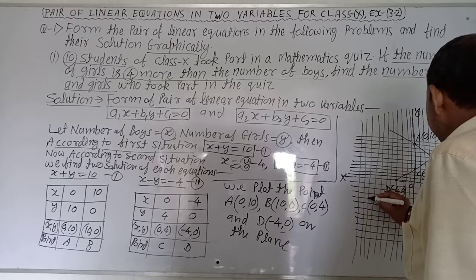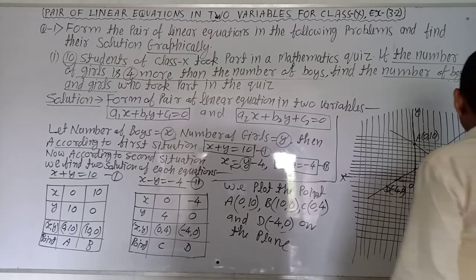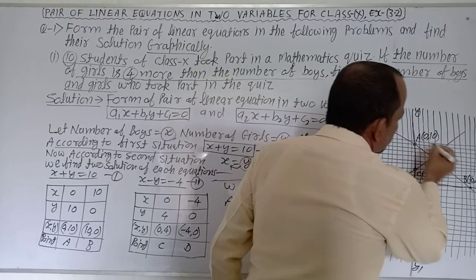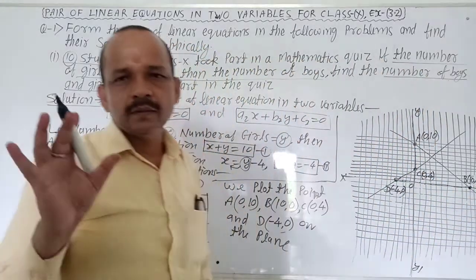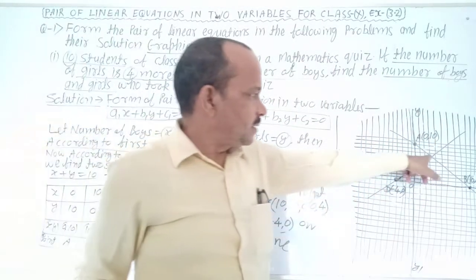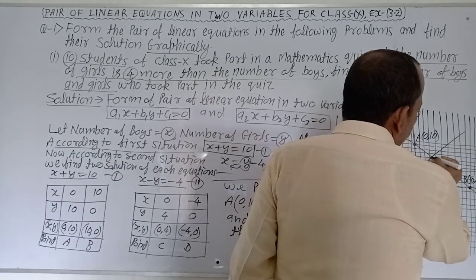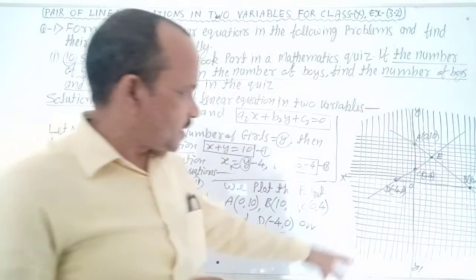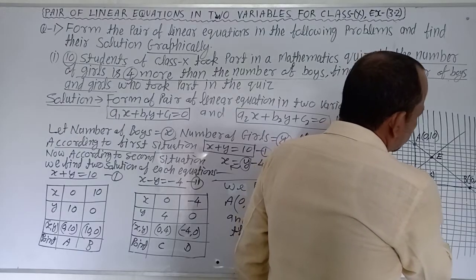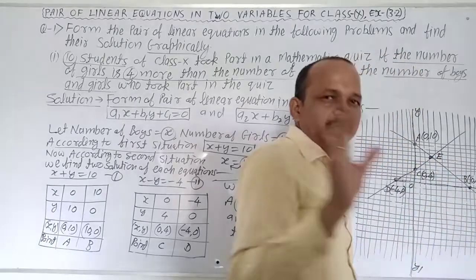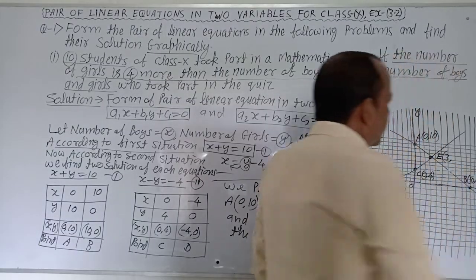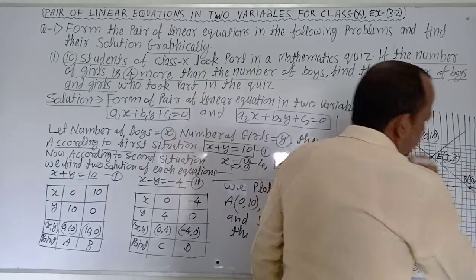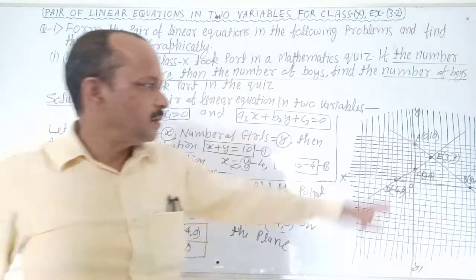Here it is point D and it is point C, it is point A and it is point B. Here is point E. The coordinate of point E is here 3 and here 7.